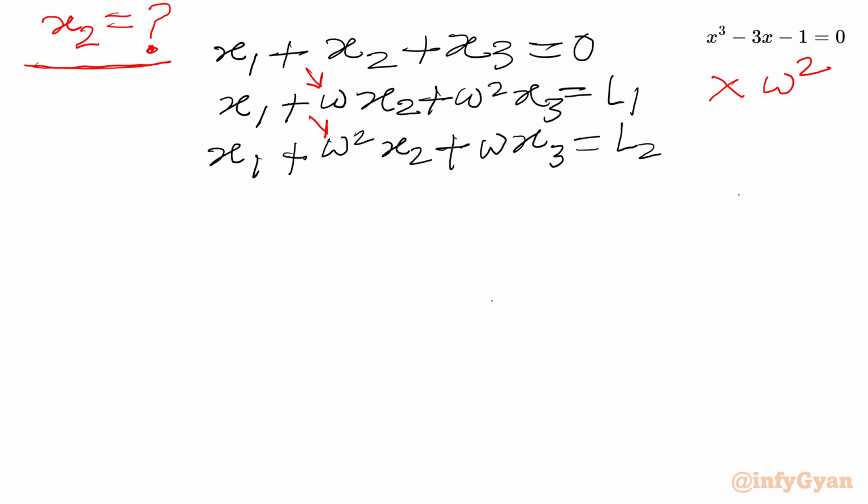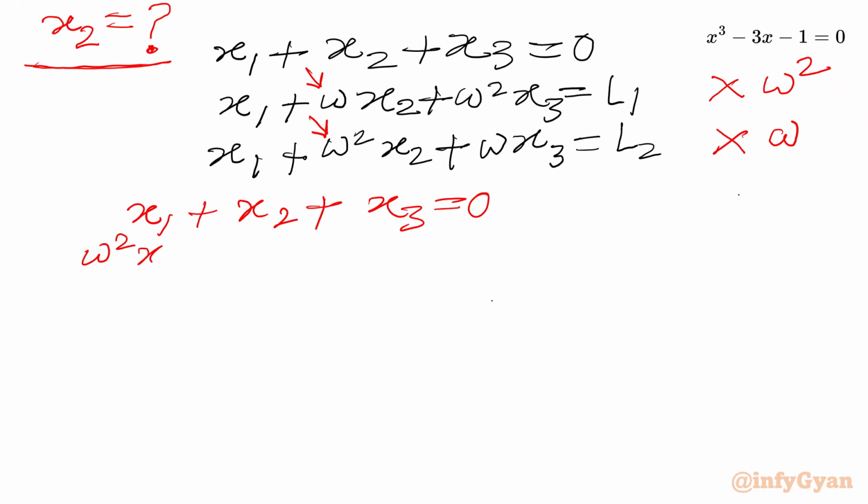Here we have omega square, so we will multiply this equation by omega. Let's do that. We will get x1 plus x2 plus x3 equal to 0. Then we'll get omega square x1 plus omega cube x2 plus omega power 4, which is omega, x3 equal to omega square L1.